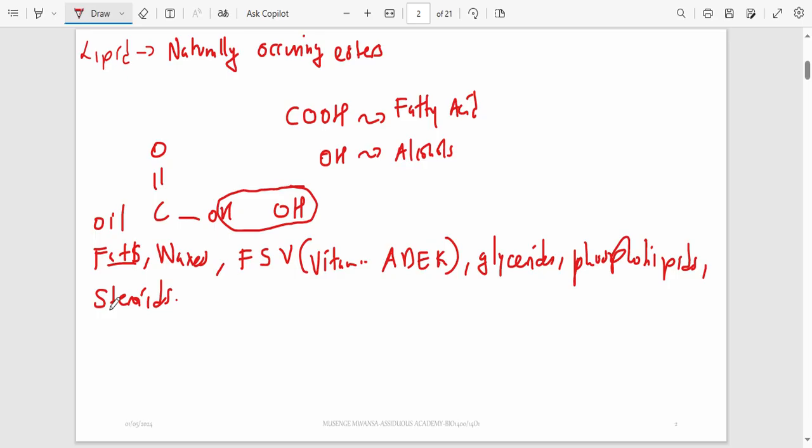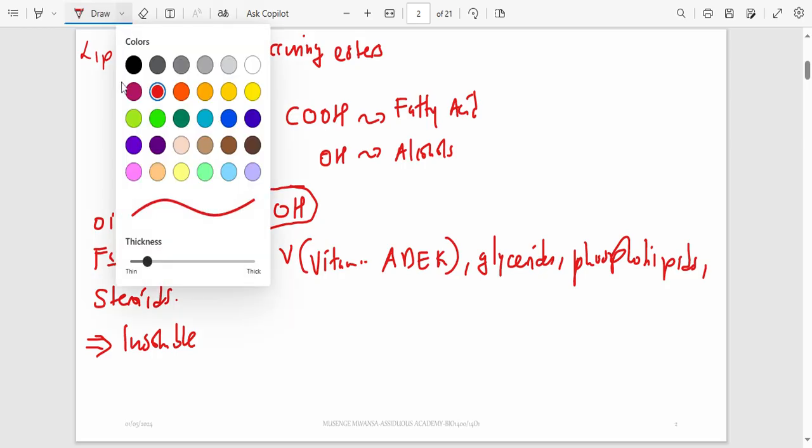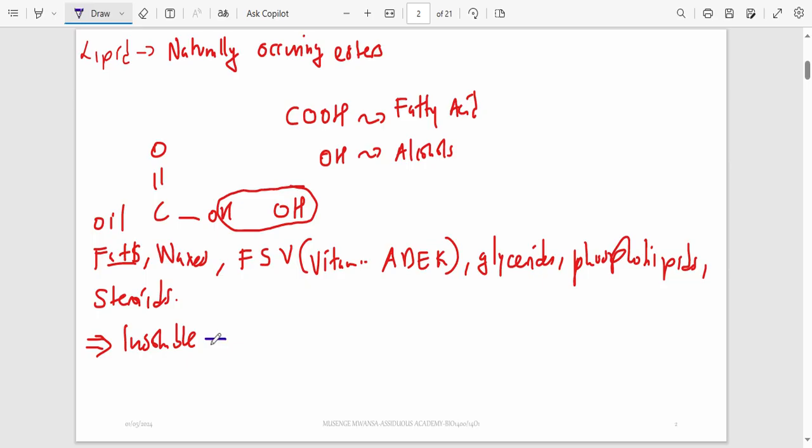But one important thing that you need to understand about lipids is that they are water insoluble. They don't dissolve in water. The property of dissolving in water depends on the bonds. What type of bonds do you have in a compound? If you have a compound that has a lot of carbon to hydrogen bonds, why am I talking about this?